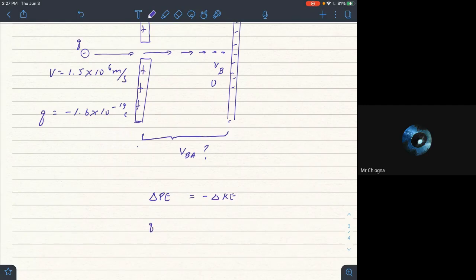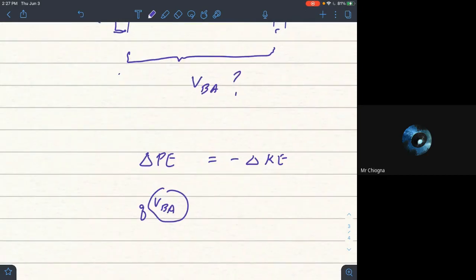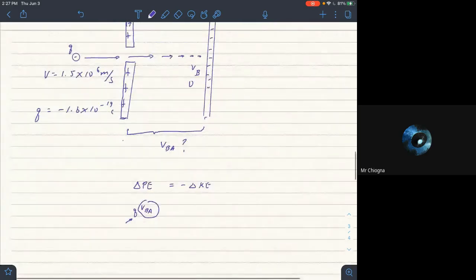Potential is Q VBA. That's what you want to solve for, your VBA. Which Q is this? What's moving? Yeah, the electron. So you know what that value is. And on the right side, you've got in brackets, what's that term equal to?